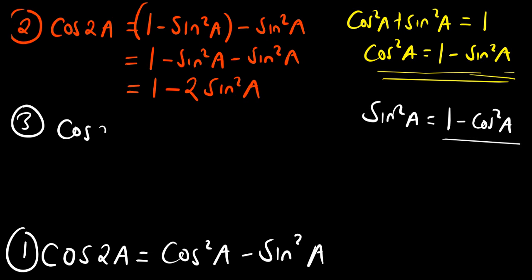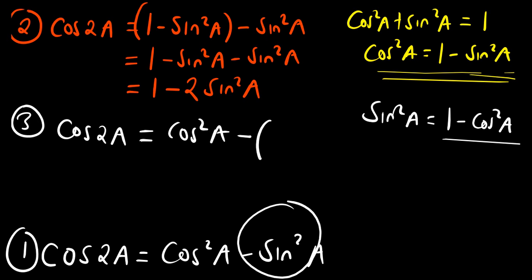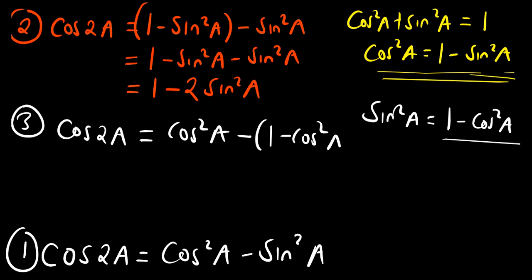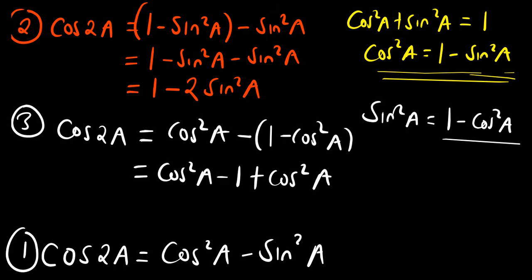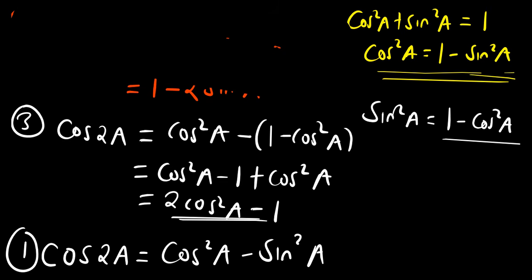So I'm going to have cos 2A equals cos squared A minus, then I replace the sine squared A with 1 minus cos squared A. When I distribute the negative, I'm going to have negative 1, then the negative multiplied by the negative cos squared A gives positive cos squared A. Because I've got cos squared A and cos squared A, I can add these two, so I'm going to have 2 cos squared A minus 1. This is another identity for cos in terms of double angles that you're not supposed to forget.